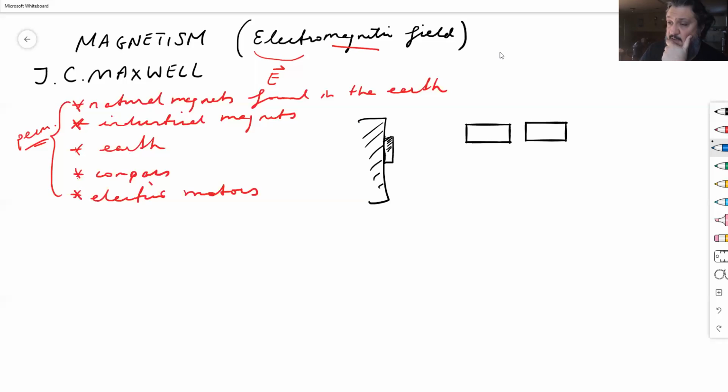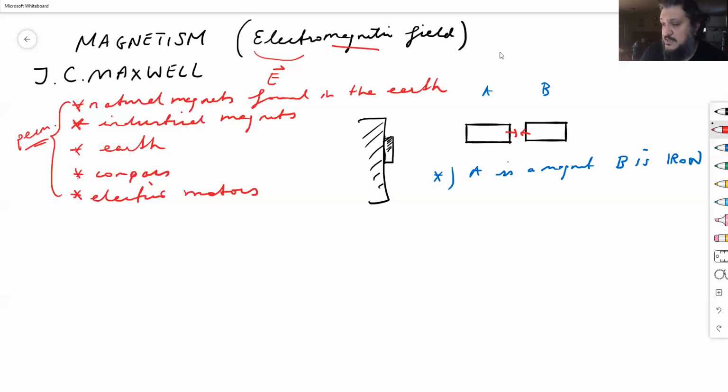Okay, so possibilities are, one of them is a magnet. Let's call this A and B. A is a magnet. B is maybe just some iron, some magnetic material, a piece of iron. Then you would indeed have this force between the two. They would attract each other.